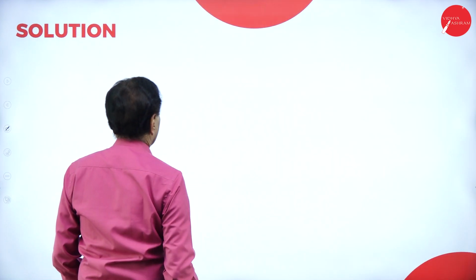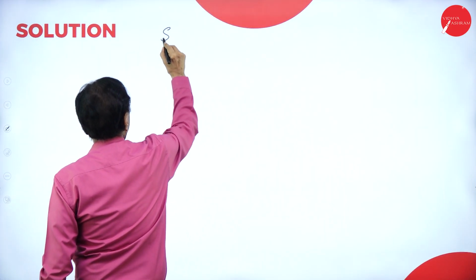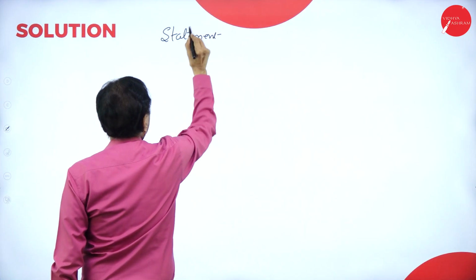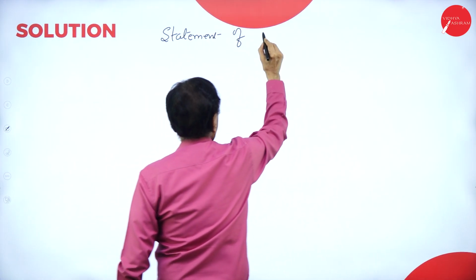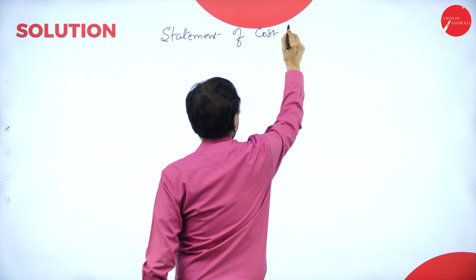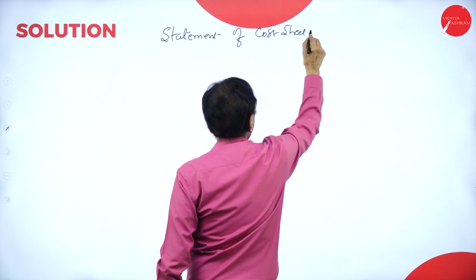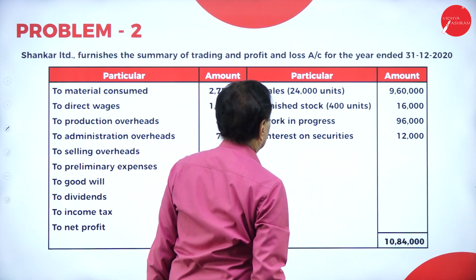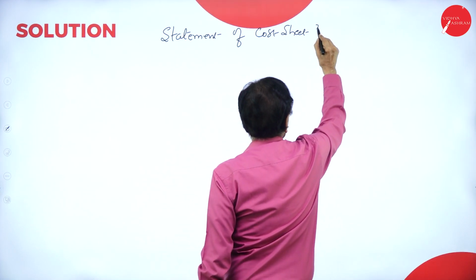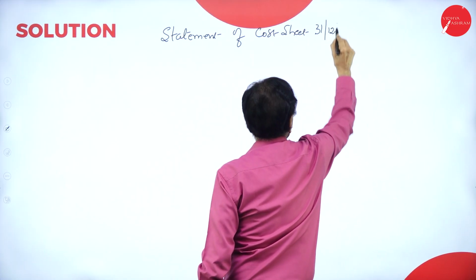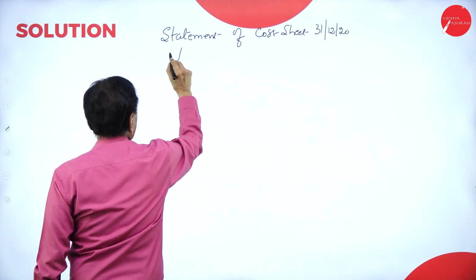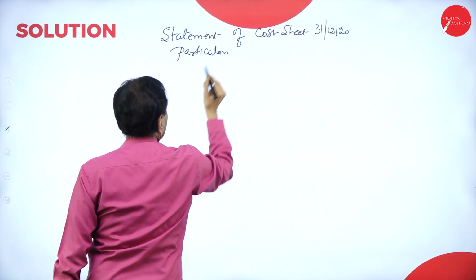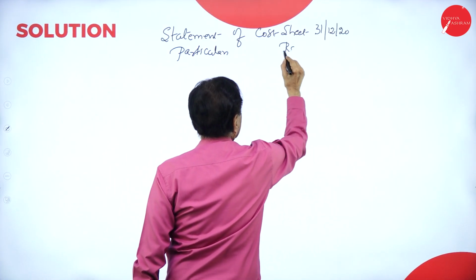Now, first one, statement of cost sheet. Which year? 31st December 2020. Particulars, rupees.